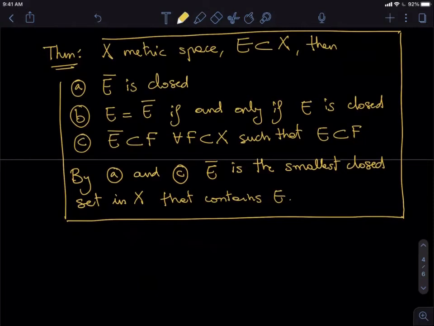So let's prove the theorem. Let's start with (a). Here we want to show that the closure is closed, so let me show that the complement is open.